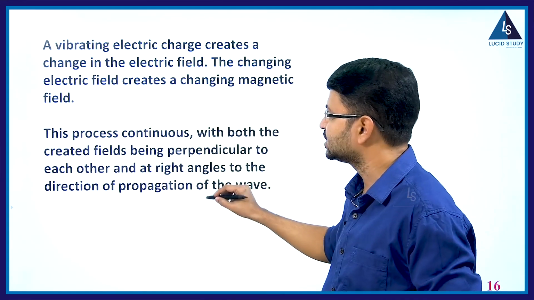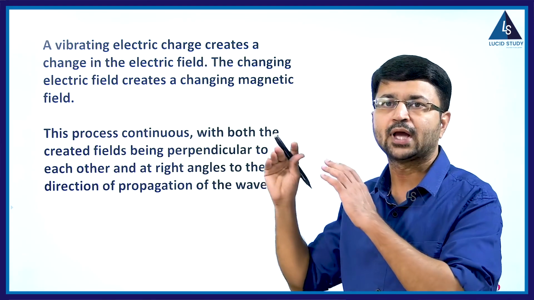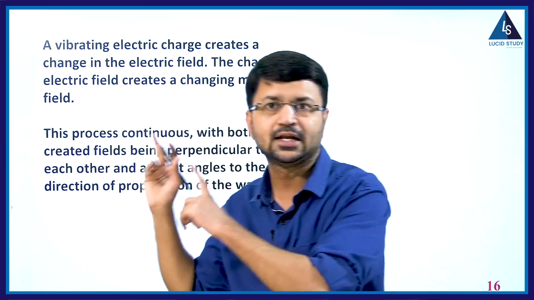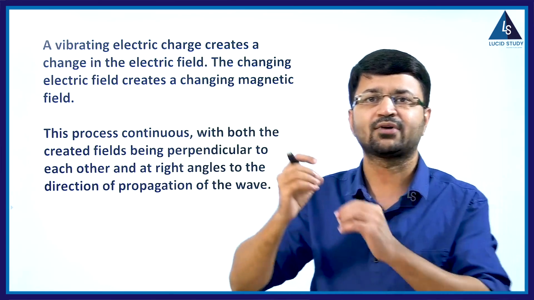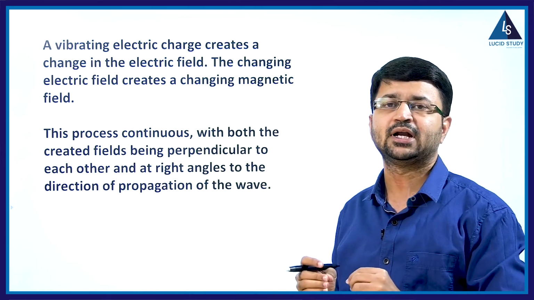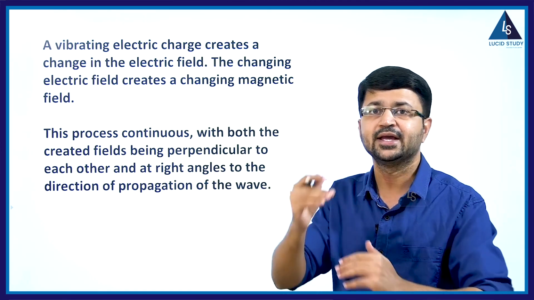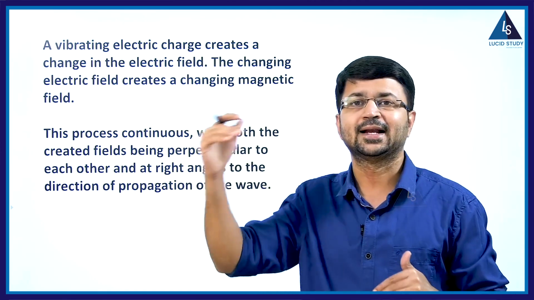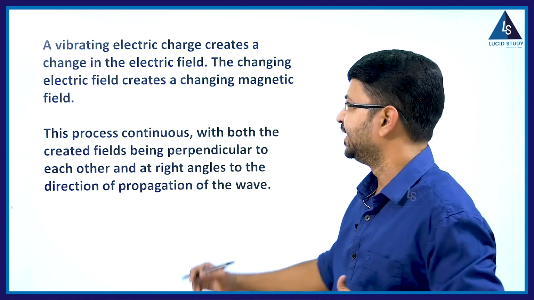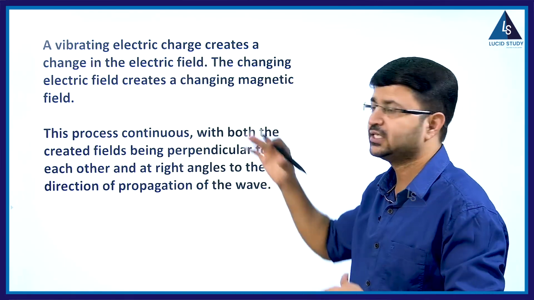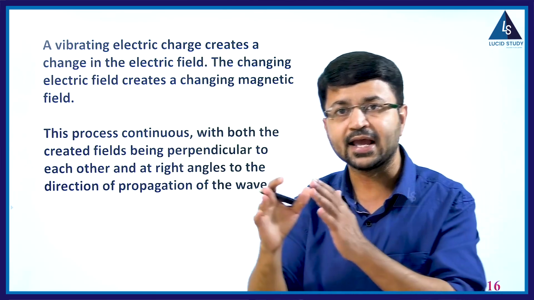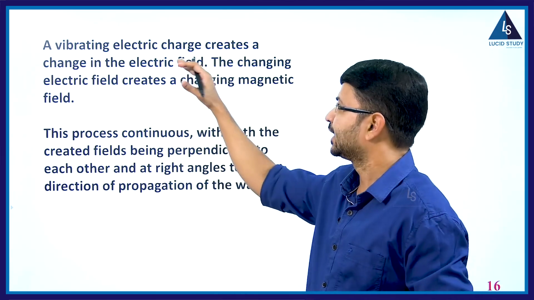Now to answer this question, we have to clearly understand. Try to recall the picture. From an electrically charged particle, there will be a generation of both electrical and magnetic fields. A vibrating electrical charge creates a change in the electrical field.